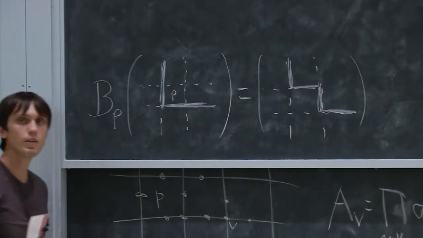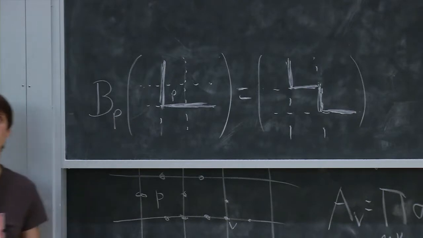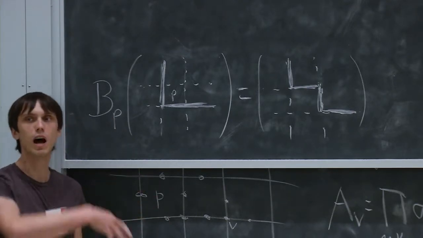Okay. So if I think of this in terms of loops, B sub p is kind of like a kinetic term for the loops. It makes the loops move. It's a hopping term for the loops.